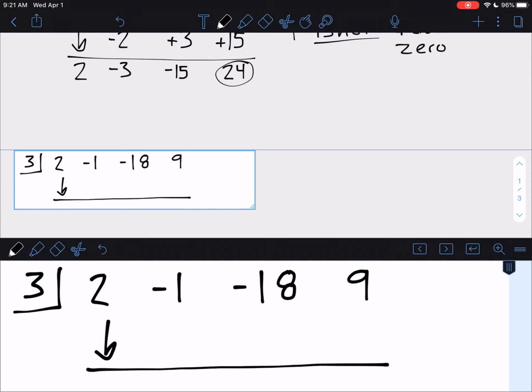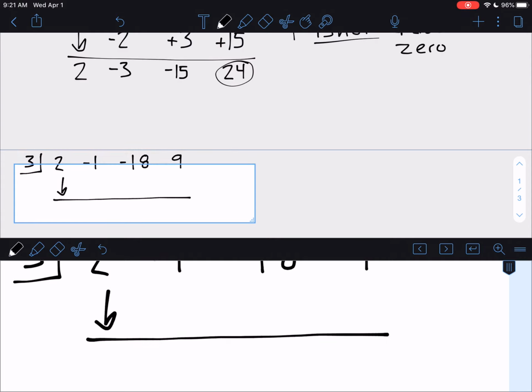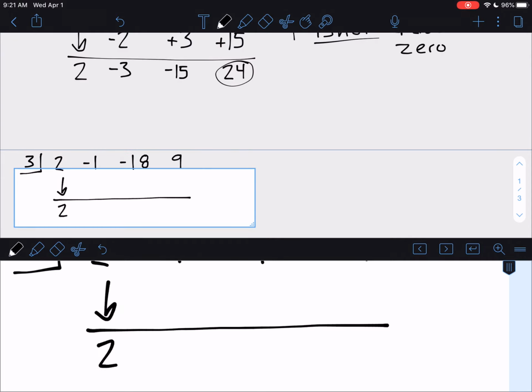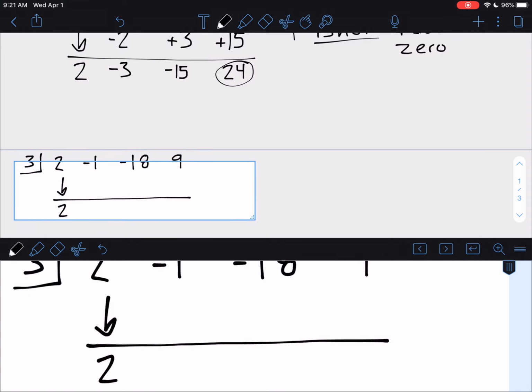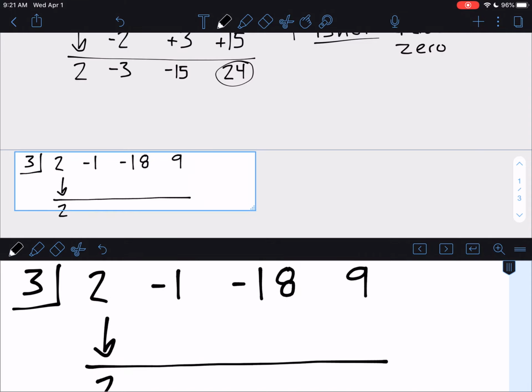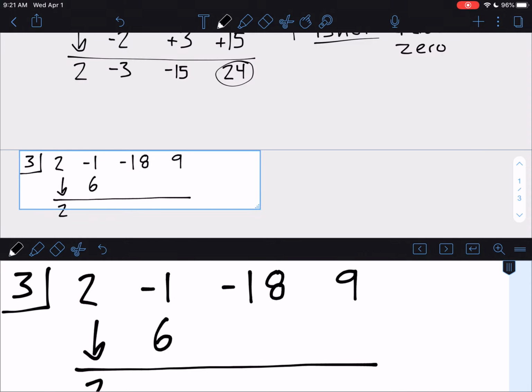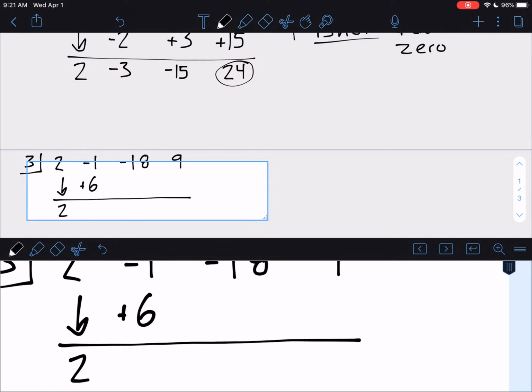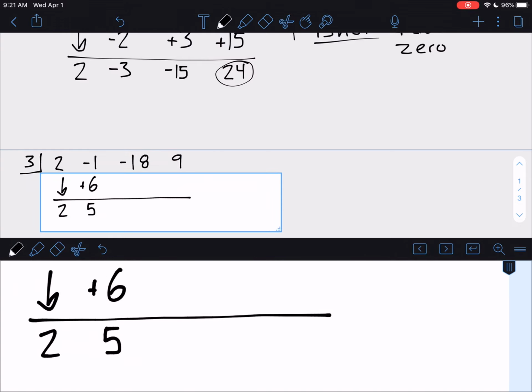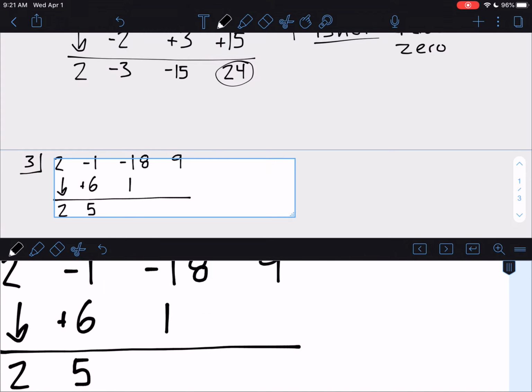I write my coefficients, and the first thing I got to do, bring down that first number, that 2. So let's see, the 3 inside the box times the 2 that I just brought down is positive 6, and negative 1 plus 6 is going to give me 5. And then I have the 3 inside the box times 5 is positive 15.